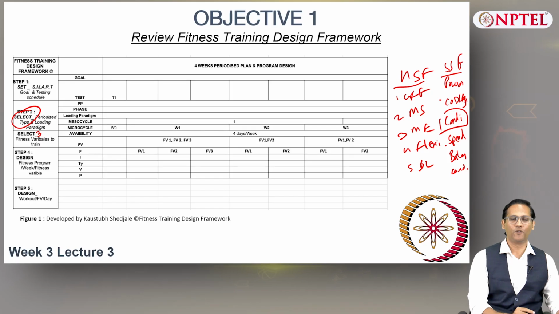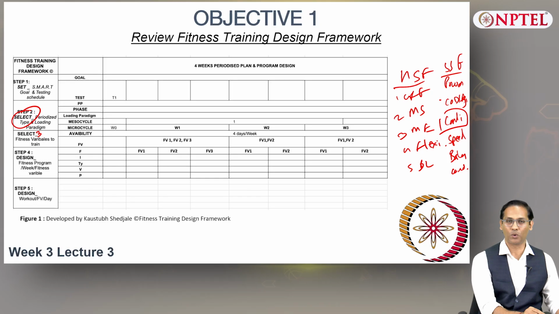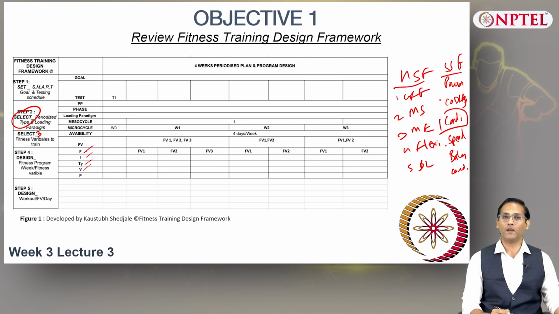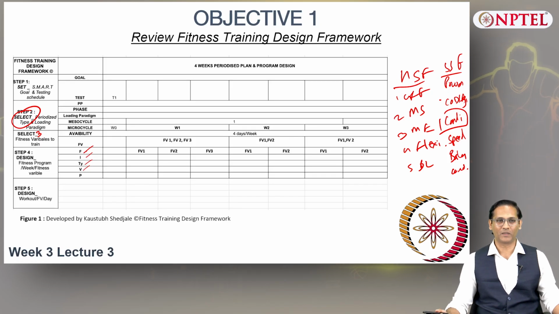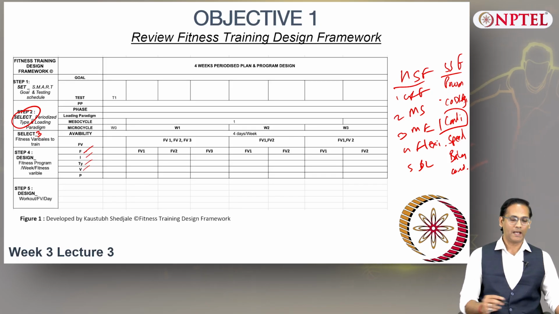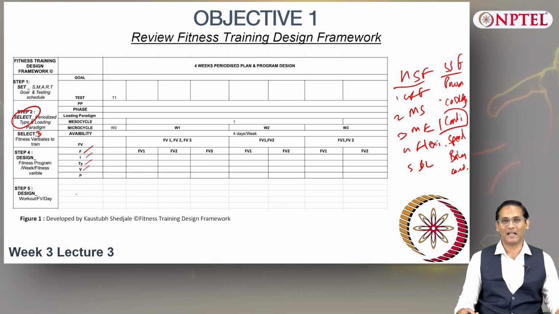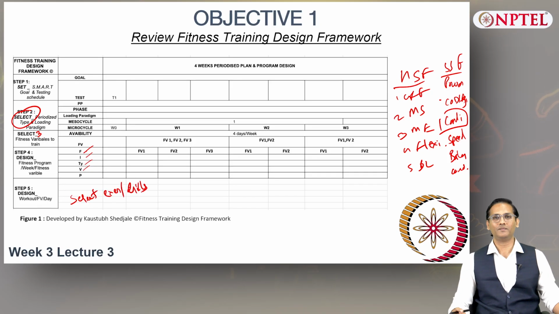Then in step number 4, on a weekly basis, you design a program, that is you set frequency, intensity, training method and volume for every fitness variable in each week. This is what you do in step number 4. And then finally in step number 5, you design workout, that is you select exercises or drills. This is what you do in step number 5.